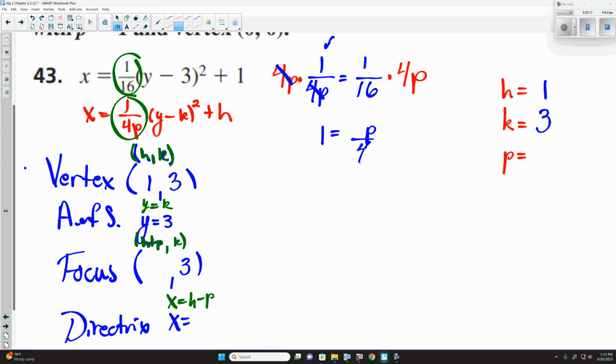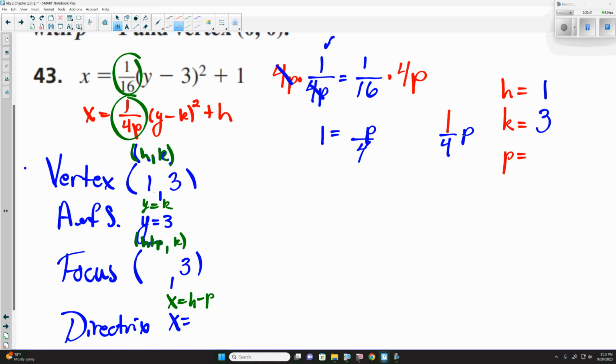Questions on this here? Either works. Yeah, because we could call it 1/4 p or p over 4. Either one is the same thing. But the key is simplifying that fraction.